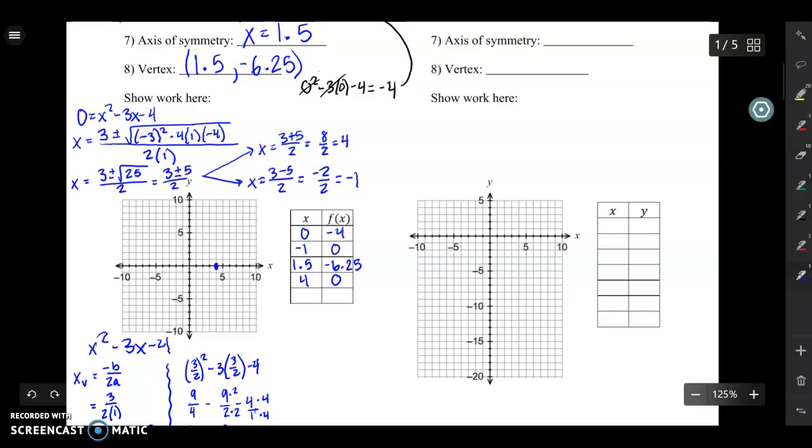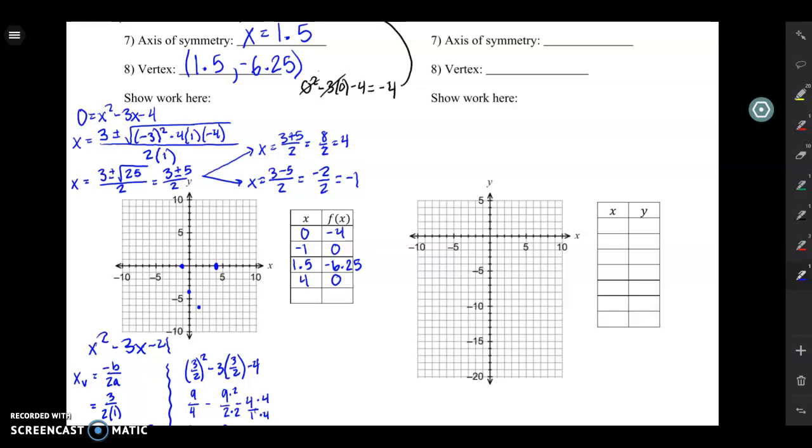Sorry, I put it at negative 1.5. It should be 1.5, negative 6.25. Then I have my x-intercept at 4, 0, another one at negative 1, 0, and then I have my y-intercept at 0, negative 4. So I can pretty confidently graph the left side of my graph. I just need to fill in one more point on the right side of my graph.